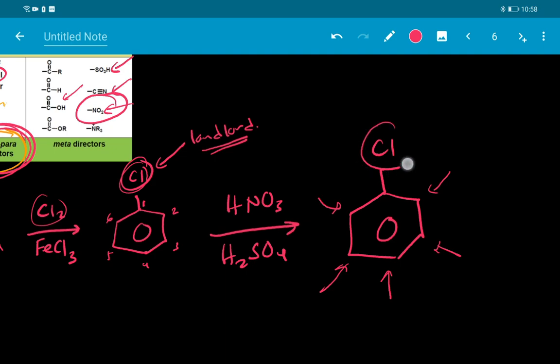However, since chlorine is the ortho-para director, it can only allow the nitro to go to the ortho or para position. What is the ortho-para position? Okay, ortho is the 1,6, so it can be 1,2 or 1,6. So the nitro can only enter room number 2, number 6, or number 4.